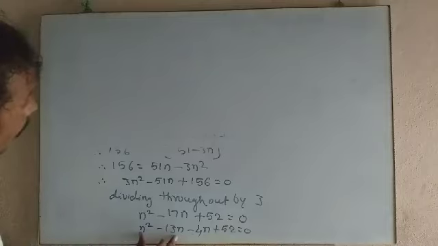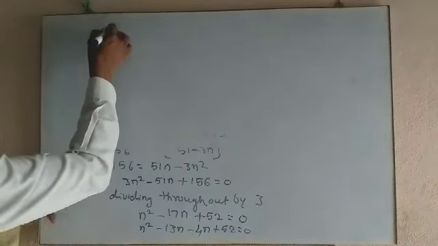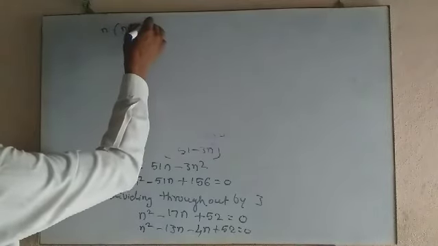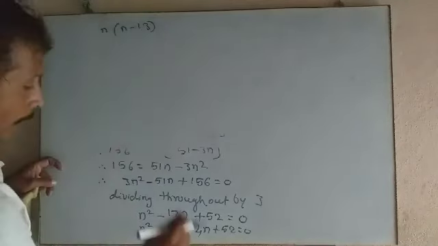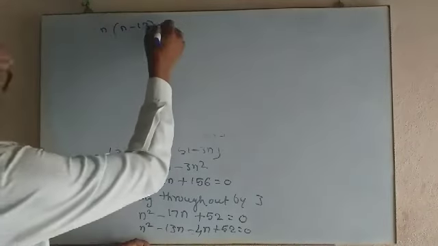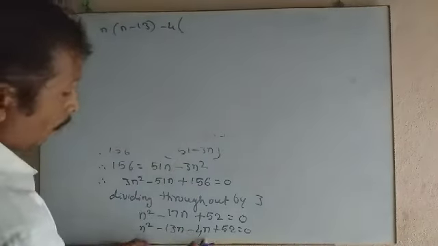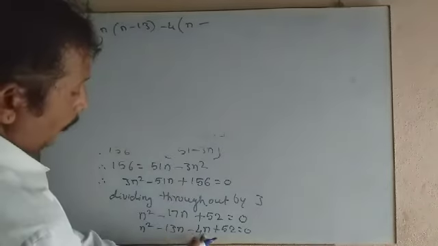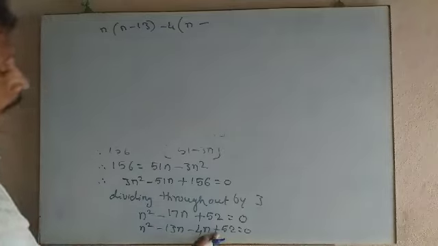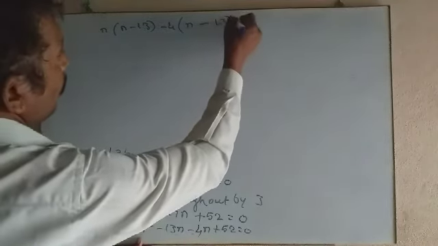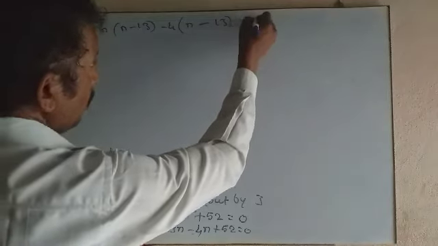Therefore, taking n as common, n into bracket n minus 13. Next, in these two terms, 4 is common. Taking minus 4 as common, minus 4 into bracket n minus 13. Here n minus is taken outside, this changes by minus. 4 13s are 52 is equal to 0.